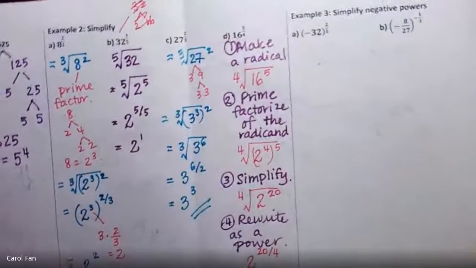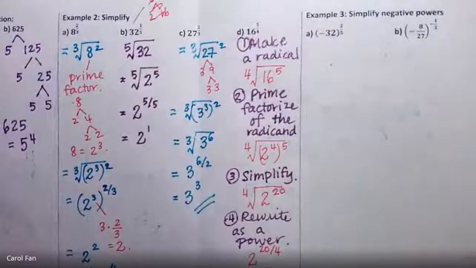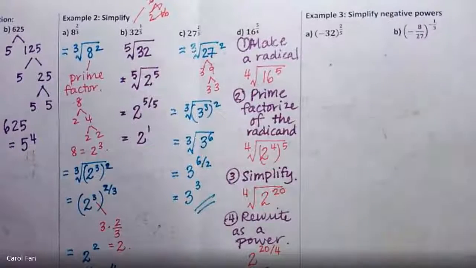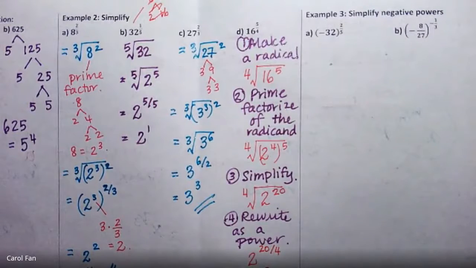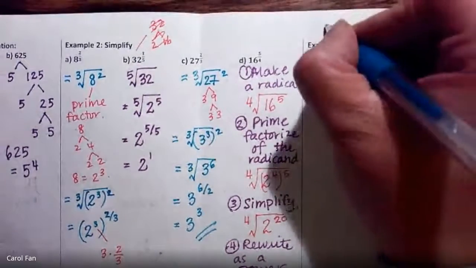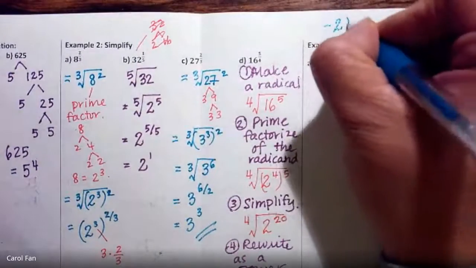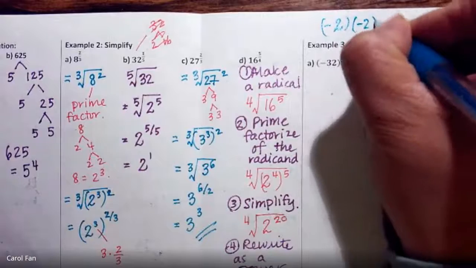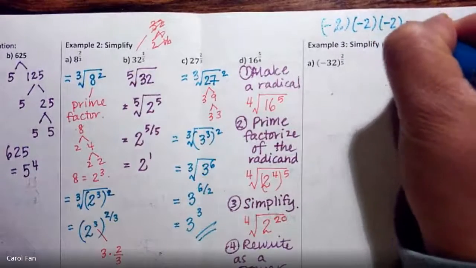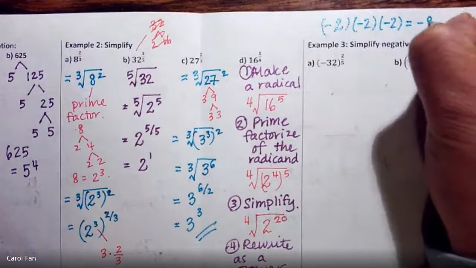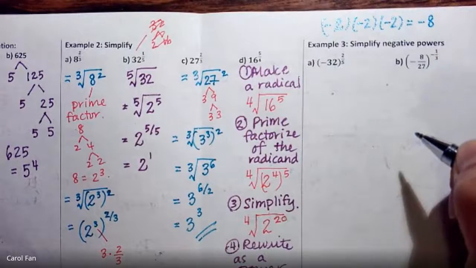Okay, example number 3. We're going to simplify negative bases now, because it's possible for us to have a root of a negative number. Because we know that if I have, let's say, -2 times -2 times -2, this is equal to -8.